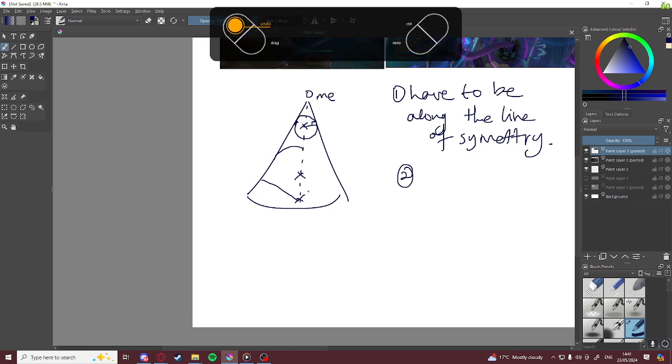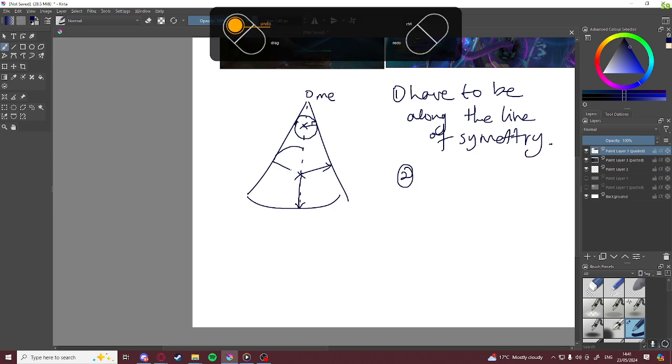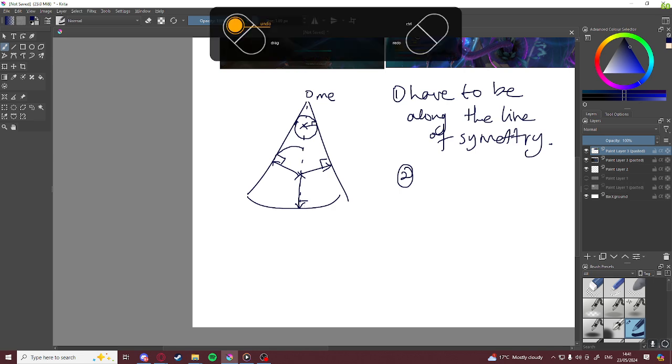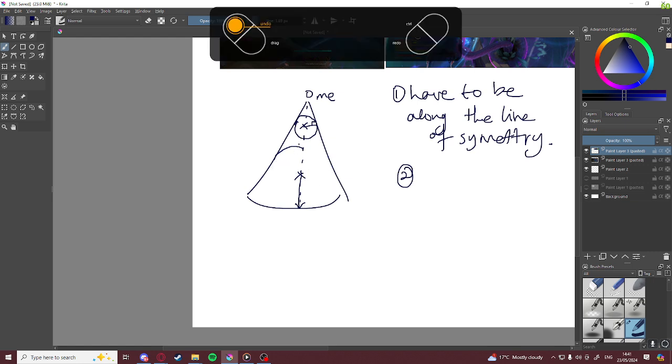So my idea is that this distance here would have to be the same as this distance here, which is also the same as the distance there. And this is a right angle, this is a right angle, and this also should be a right angle. I'm just going to draw their range as a circle, so they can only go in that circle.